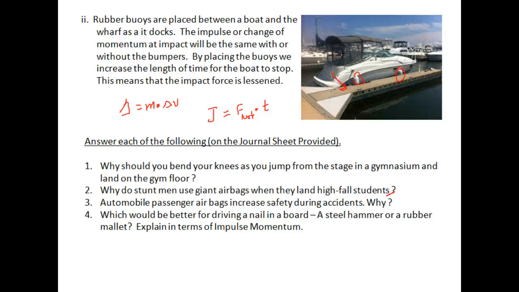Not students, stunts. Automobile passenger airbags increase safety during accidents. Why? And which will be better for driving a nail in a board, a steel hammer or a rubber mallet? Explain in terms of impulse and momentum. And when you finish that, we'll continue with the next couple questions.